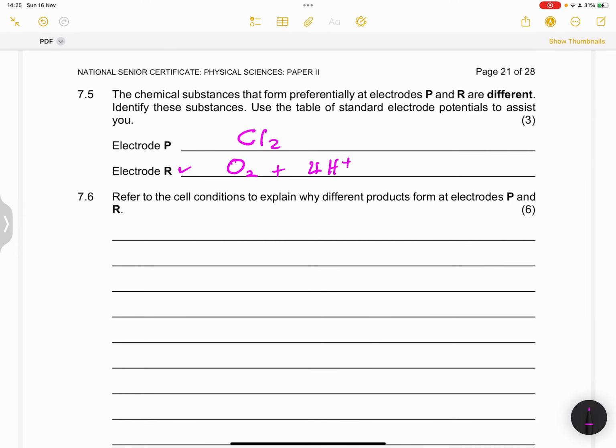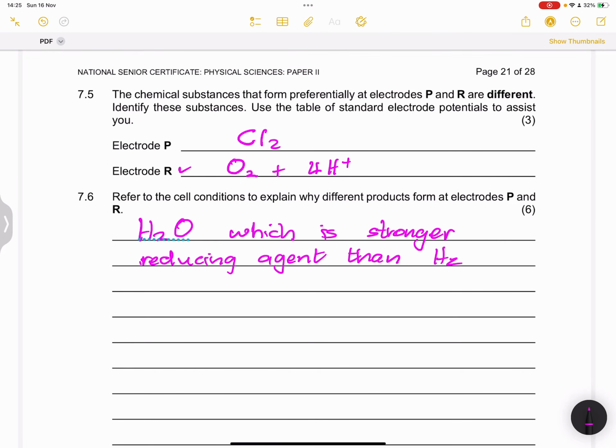So we've got H2O, which is a stronger reducing agent than Cl minus, than the chloride ions.